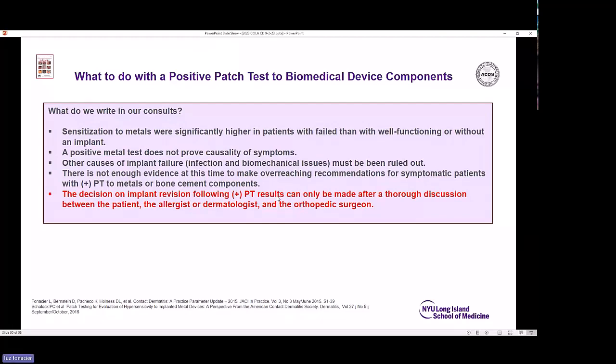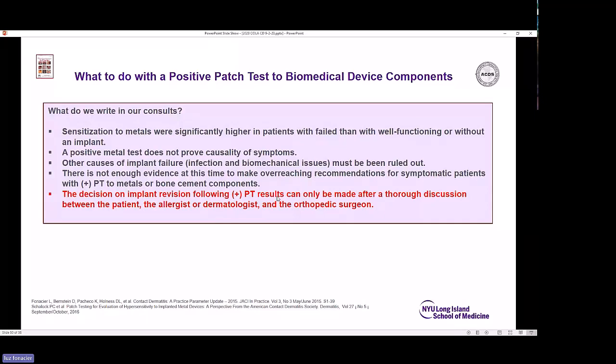There is not enough evidence at this time to make overreaching recommendations for symptomatic patients with a positive patch test to metals or bone cement to have that removed. The decision on implant revision following positive patch test results can only be made after a thorough discussion between the patient, the allergist, the dermatologist, and or the orthopedic surgeon.